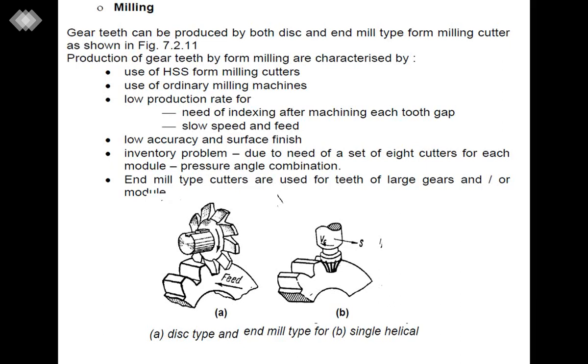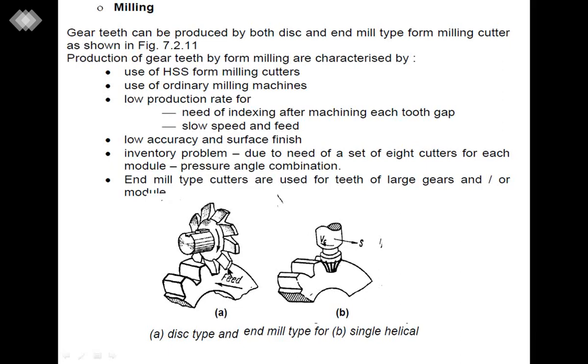It has a slow speed and feed of the depth. Gear form milling has low accuracy and surface finish. They have an inventory problem due to the need to set up a number of cutters for each module. End mill type cutters are generally used for teeth of large gears and large module. So in this diagram we can see gear manufacturing using the disc type cutter and the end mill type of cutter.